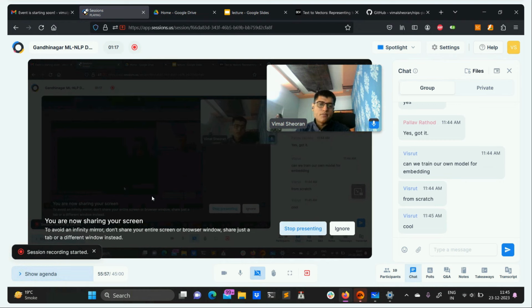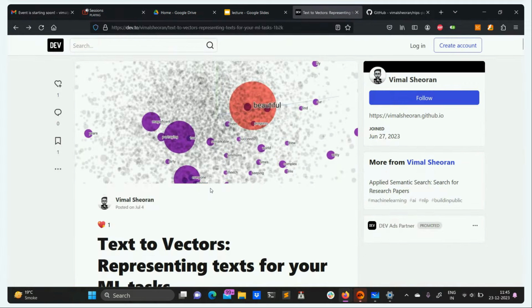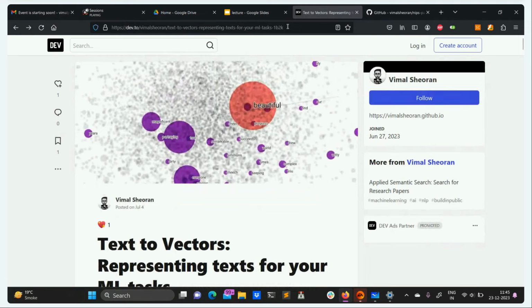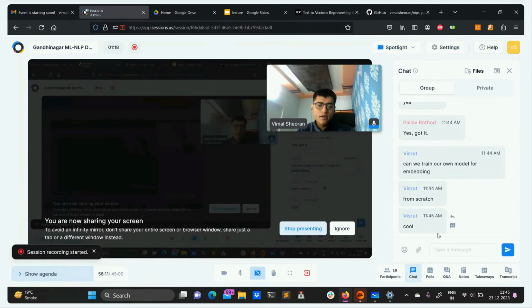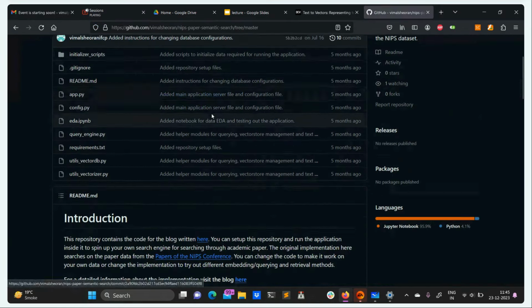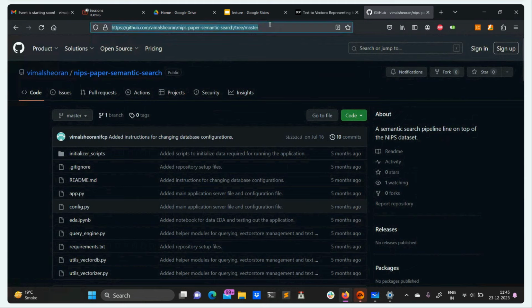I'll also share some additional resources other than the talk. Some time back, I wrote this blog on the same topic. If you need more text on this, you can read the blog. And I also implemented a small research paper search engine which leverages embeddings.